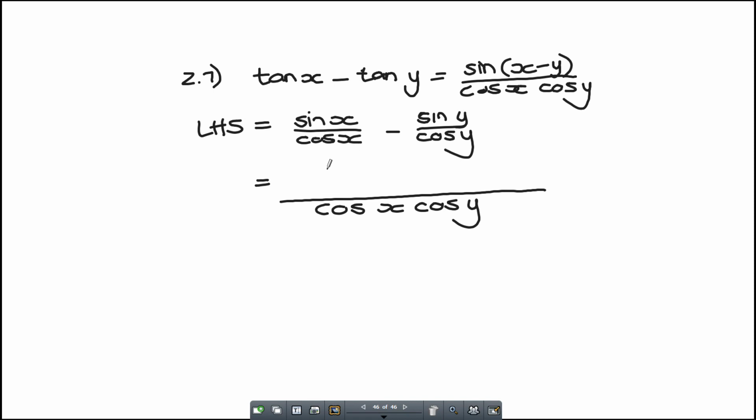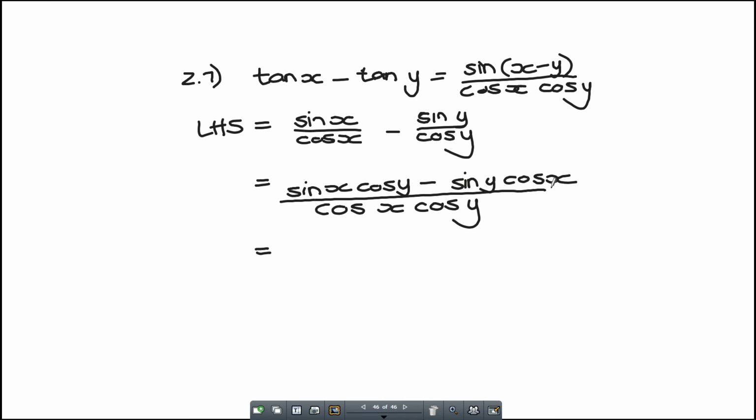So over here, that sine x, I had to multiply with cos y. And the sine y, I had to multiply with cos x. Okay. Now, look at the top. Sine, cos, and cos, sine.